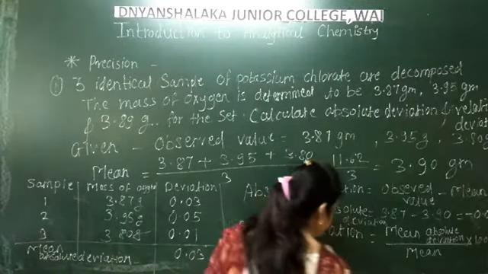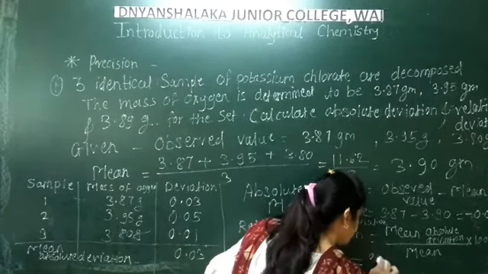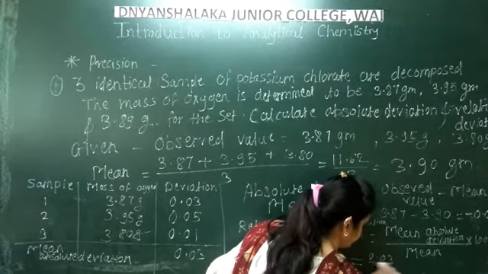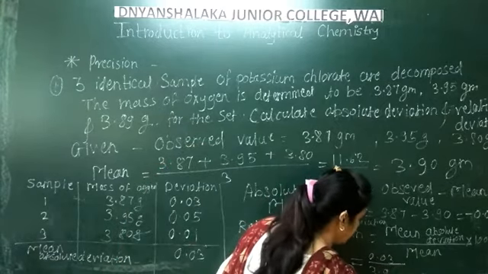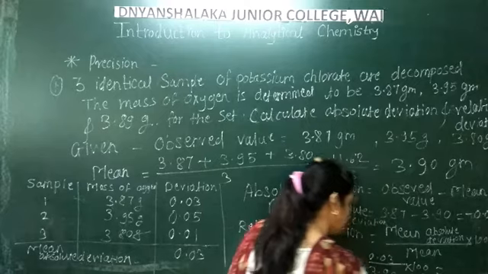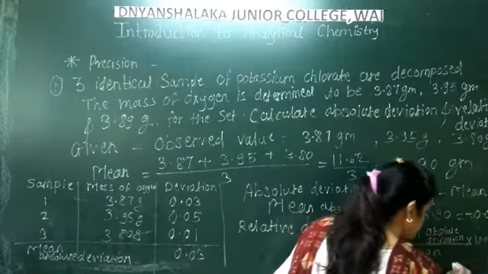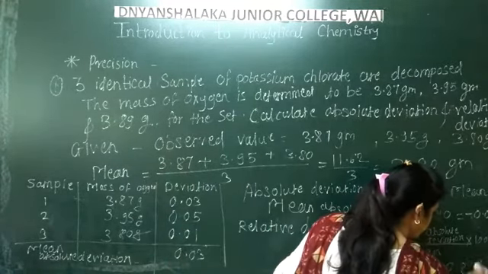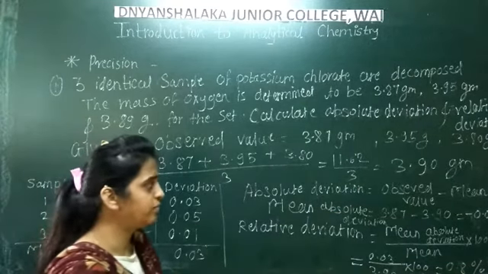The mean absolute deviation value is 0.03 gram upon mean 3.90 gram into 100%. On dividing and multiplying, we get the answer 0.8%. So the relative deviation is 0.8%.